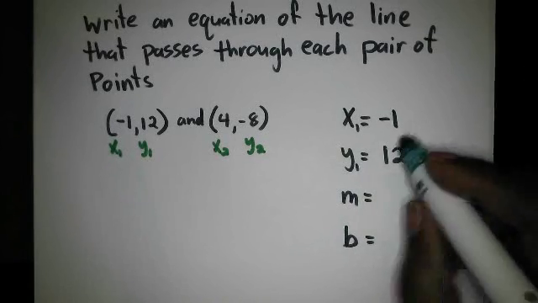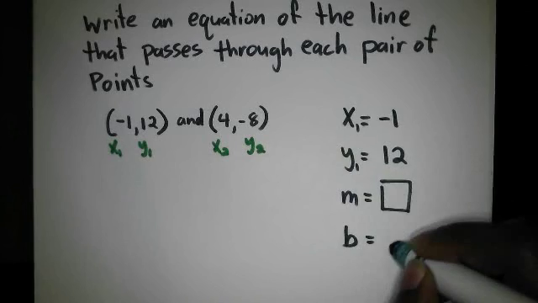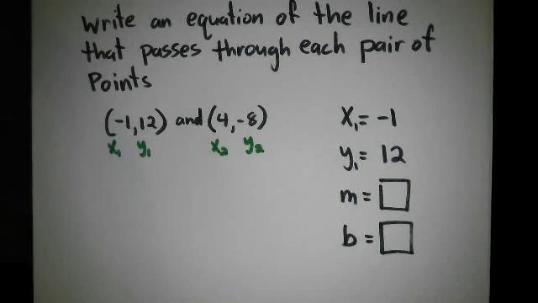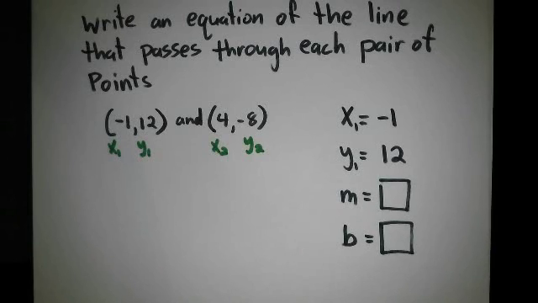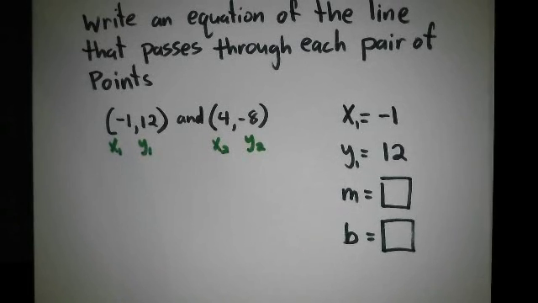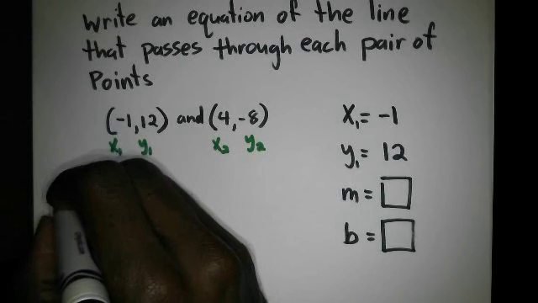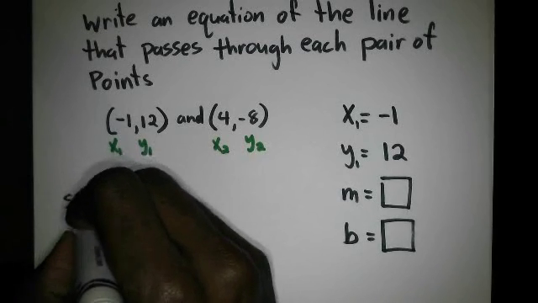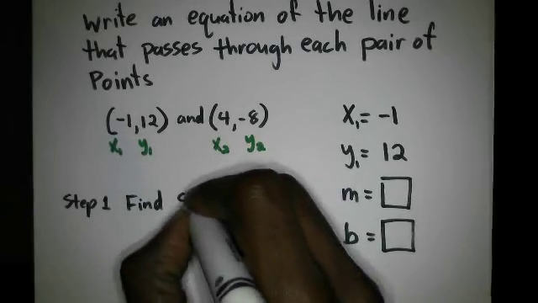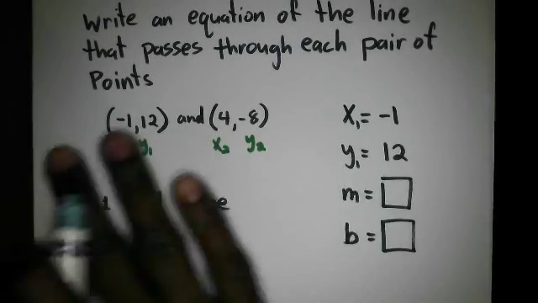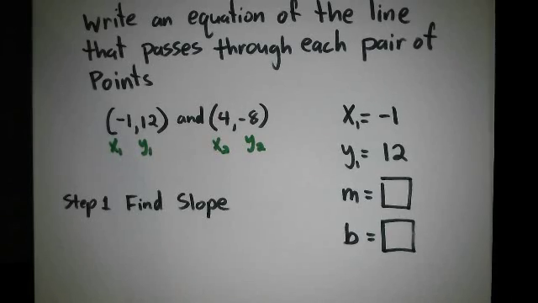Alright, so now what we need is the slope and the y-intercept. M means slope, B means the y-intercept. So our very first step is that we're going to find slope. Now that we set up the problem, let's go ahead and find slope.